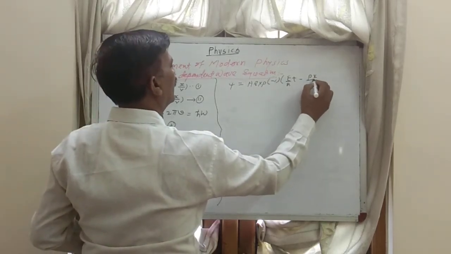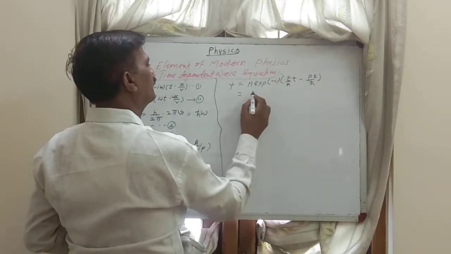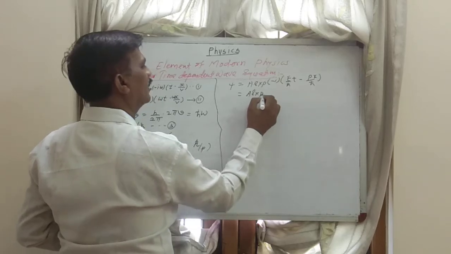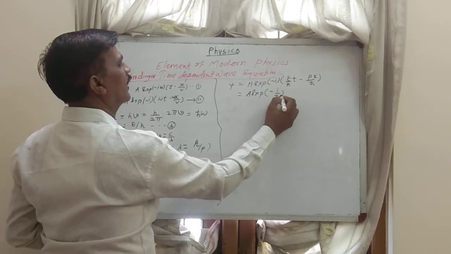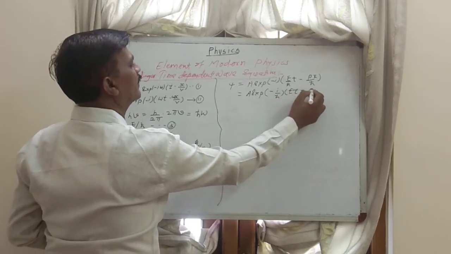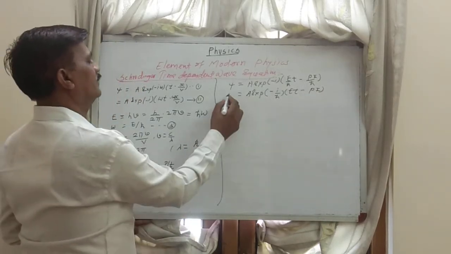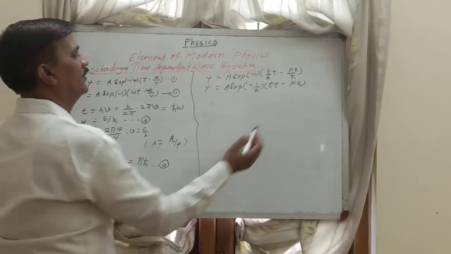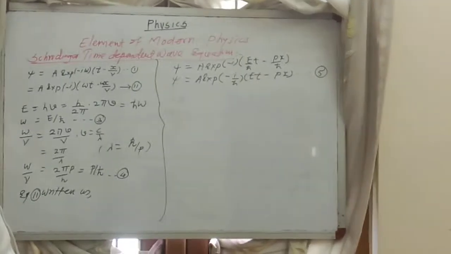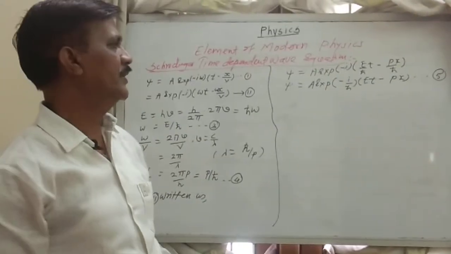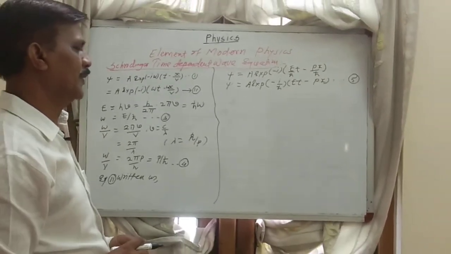Taking common, psi equals a exponential minus i by h cross (E t minus p x). This is the equation of the wave function in the case of a free particle. Here E is the total energy, p the momentum, h cross is h by 2 pi, and a is the amplitude.